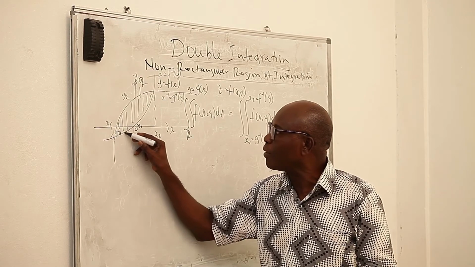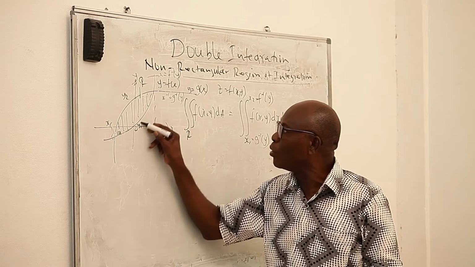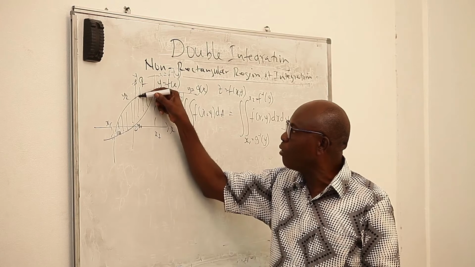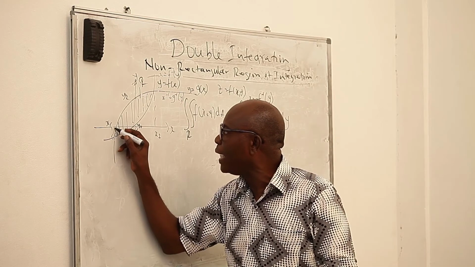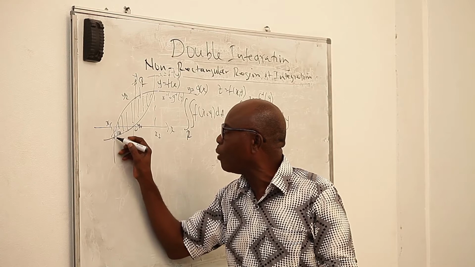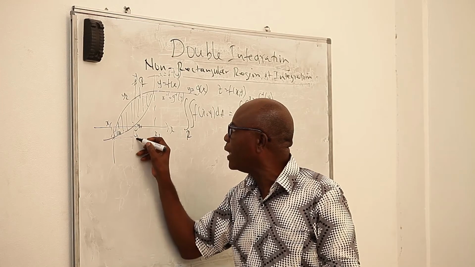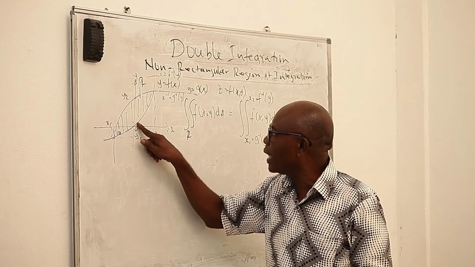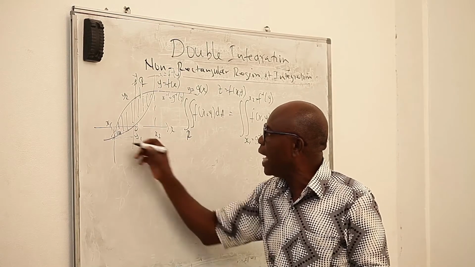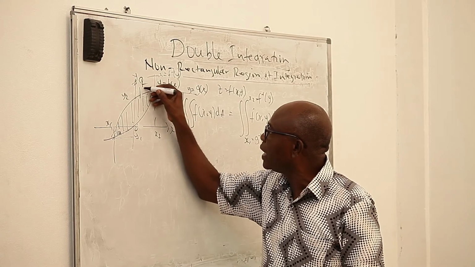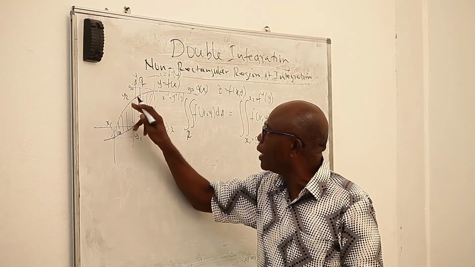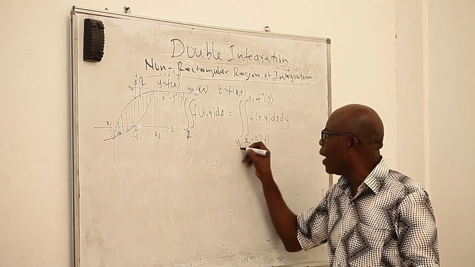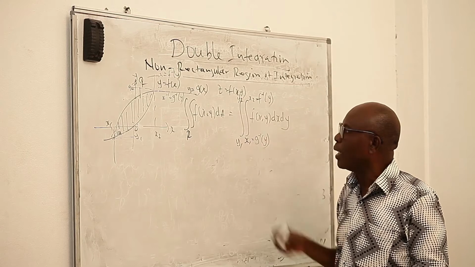The lower limit of y will be y1, which is here, and where the curves meet is y2. This is where y2 will be. So y moves from y1 to y2.